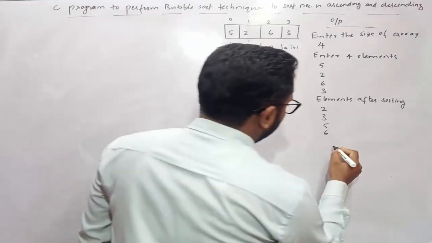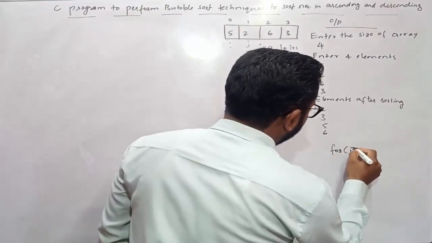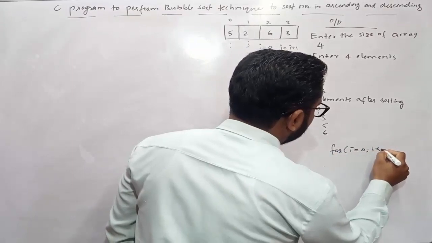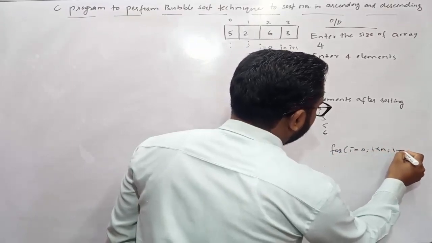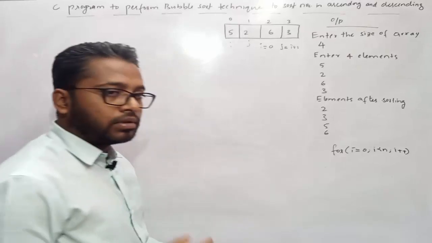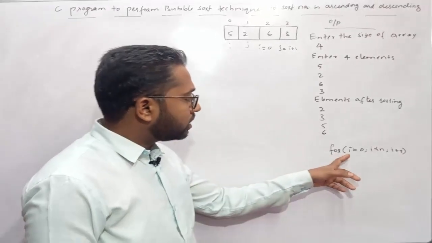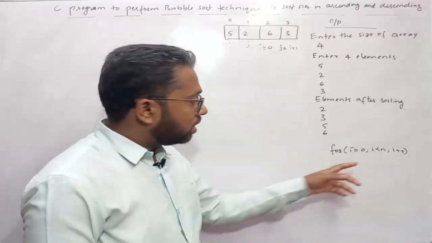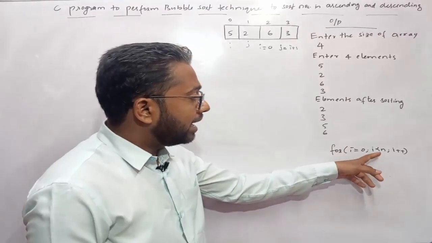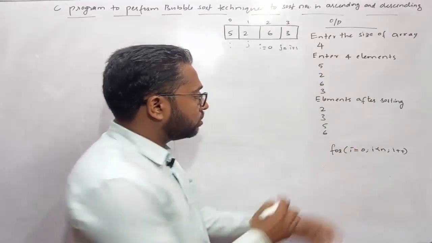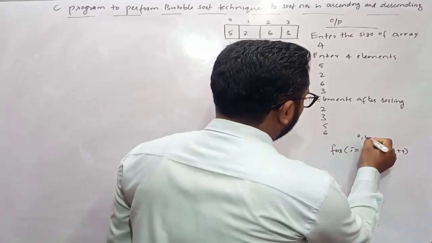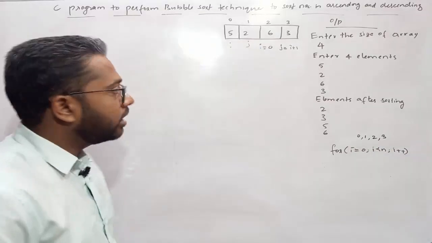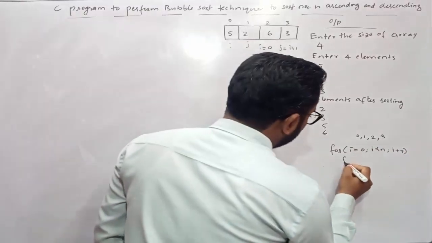It will be like this: for I equals 0, I less than n, I plus plus. That means the outer for loop will start with I equals 0 and run while I is less than n, that is I equals 0, 1, 2 and then 3.